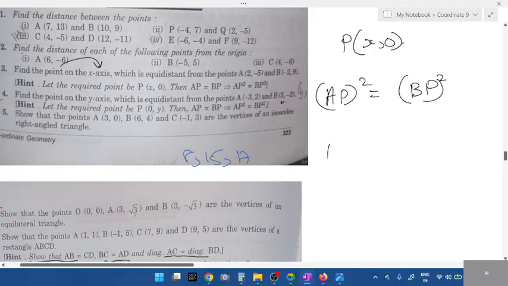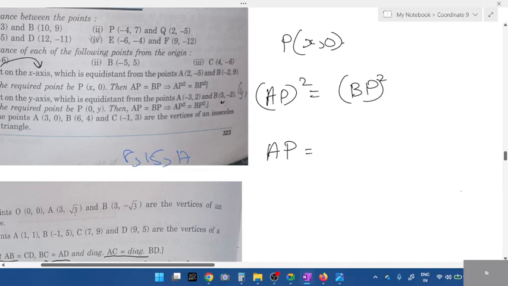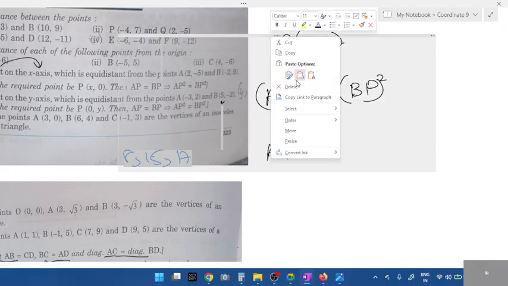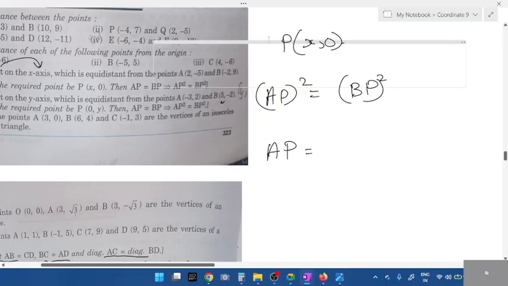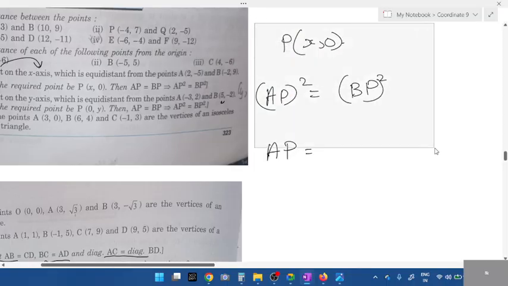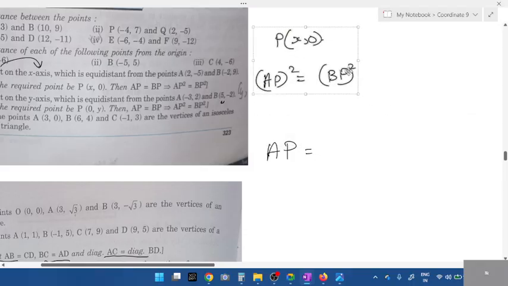Now first let us solve AP. Let us take AP the whole square. Okay, what is A value? It is coordinate. Just a minute. This is the formula, students.